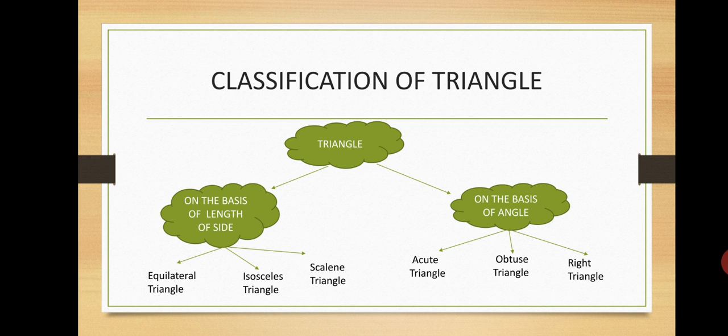And on the basis of angles, there are again three types: acute triangle, obtuse triangle and right triangle, or we may say acute angled triangle, obtuse angled triangle and right angled triangle.